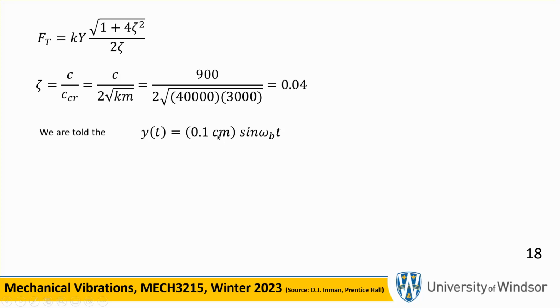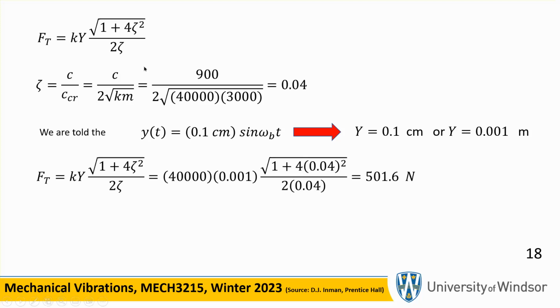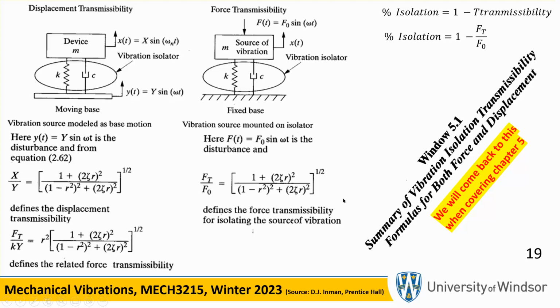Big Y is 0.1 centimeter, which is 0.001 meter. Just plug it in and you get 501.6 Newton. Okay, that takes care of it.